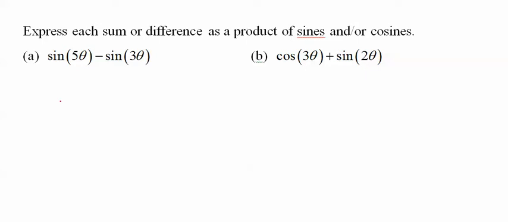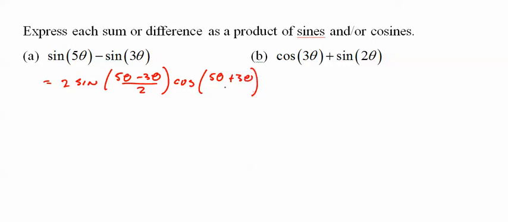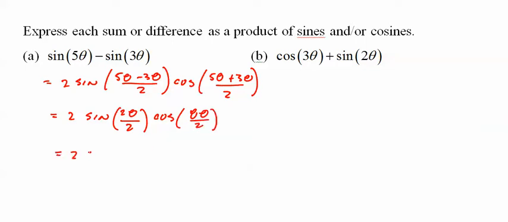So sine of 5 theta minus sine of 3 theta. 2 times sine of 5 theta minus 3 theta over 2, cosine of 5 theta plus 3 theta over 2, equals 2 sine of 2 theta over 2, cosine of 8 theta over 2, equals 2 sine of theta cosine of 4 theta.